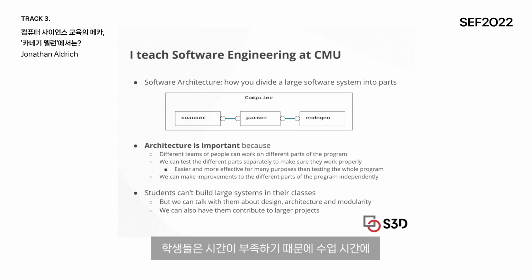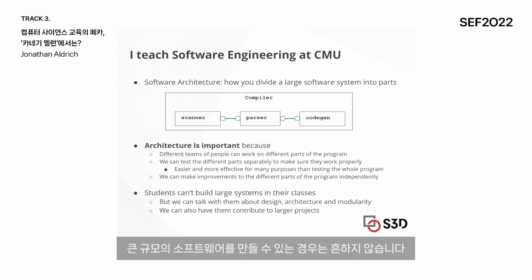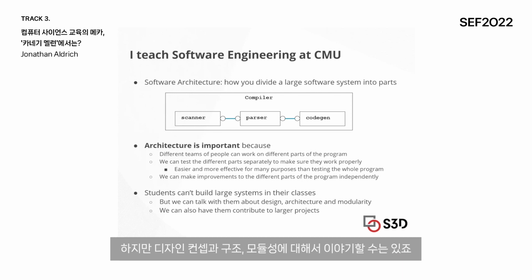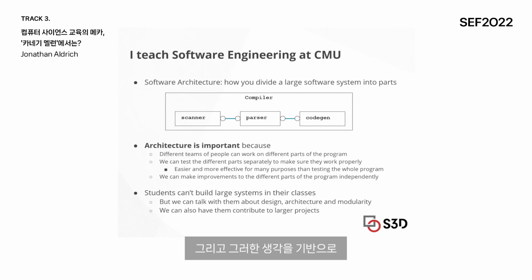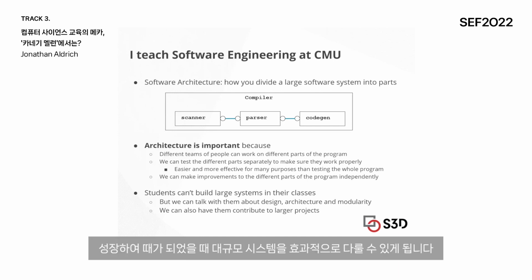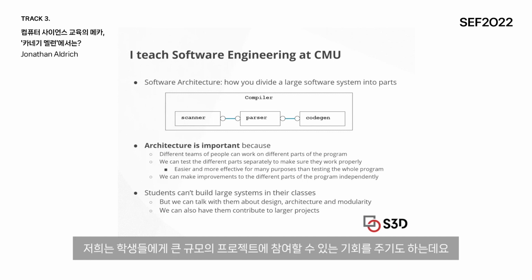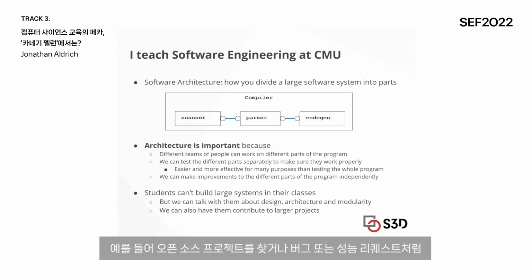Now, students can't always build large systems in their classes because there isn't time. But we can talk with them about design concepts, architecture, and modularity so that as they grow, they have those ideas and they can more effectively deal with large-scale systems when it's time to do so. Another thing that we've done in some of our classes is have students contribute to larger projects. For example, find an open source software project.